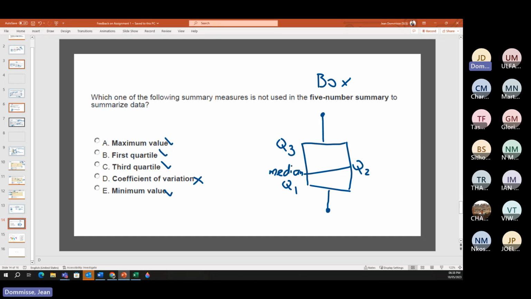Your 5 number summary, your box plot, they can call it box and whisker as well, is basically minimum, max, Q1, Q2, Q3. And that we have calculated nearly in a lot of information.